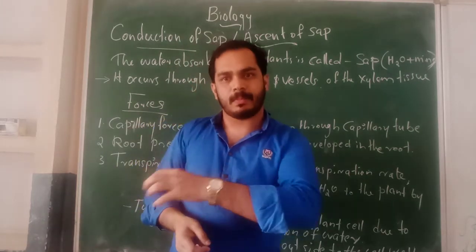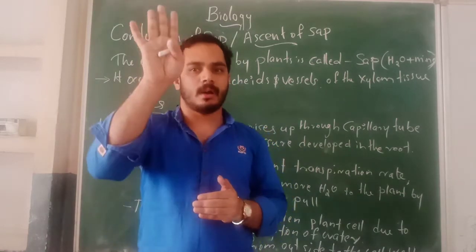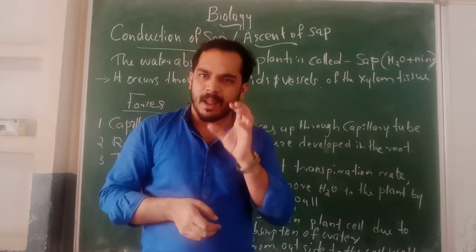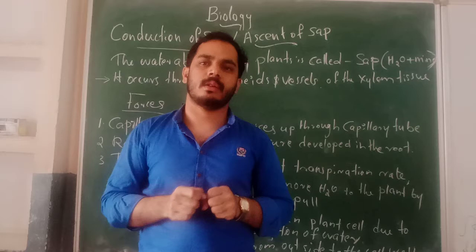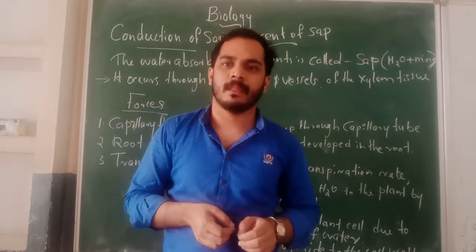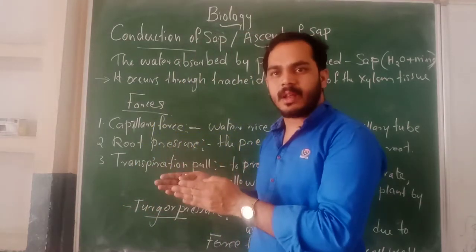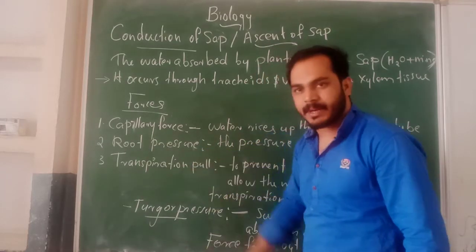So the plant root absorbs the water and sends it to the above level, the shoot region. The plant roots need some pressure to pull the water in the upward direction. That pressure is called root pressure. According to this pressure, the water and minerals move upward. So the second one is root pressure.